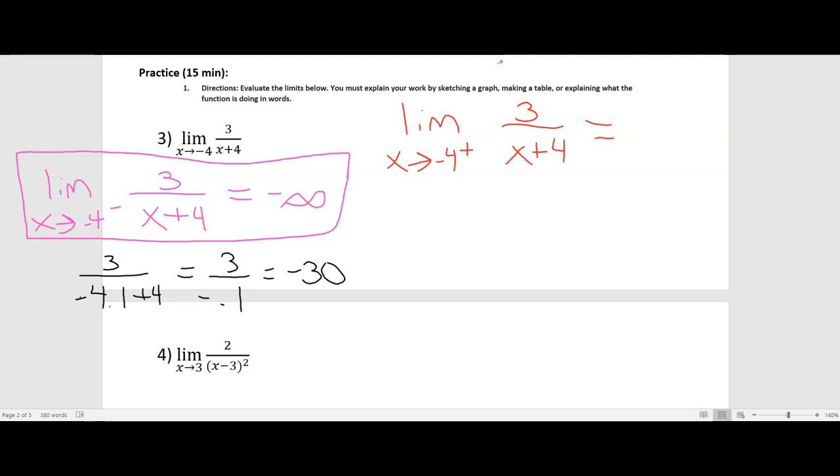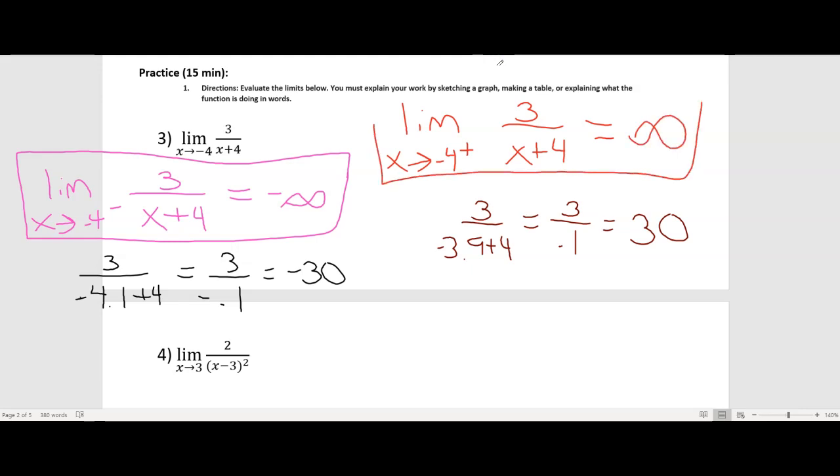If we are looking at numbers to the right of -4, that's going to be numbers like -3.9, -3.99, -3.999, etc. If it's not obvious to you what sign the denominator is going to be, just check it. Okay, so if I substitute in -3.9, that's going to give me 3 over 0.1, which is going to give me 30. So this function is going to be approaching positive infinity from the right-hand side.